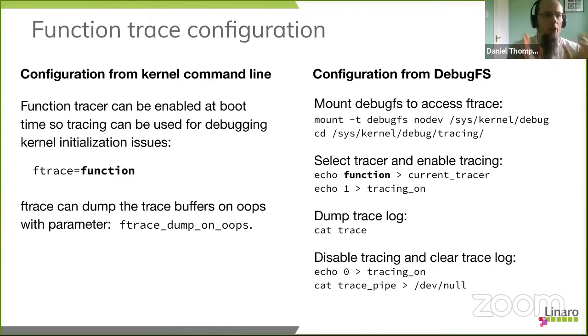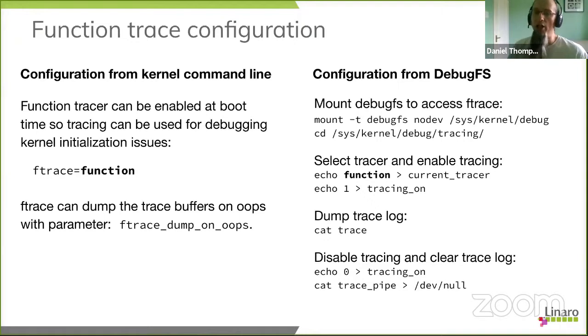In that circumstance, we have this capacity to configure function trace from the kernel command line. So to do a simple function trace covering the whole system, you just say ftrace=function and function tracing will be turned on. And then you can either use a debug tool to extract the ftrace buffer, as we were discussing last week, or you can turn on something like dump on oops, so that when a problem occurs, the whole ftrace buffer gets thrown out, so that you can see what was being executed when something bad happened.